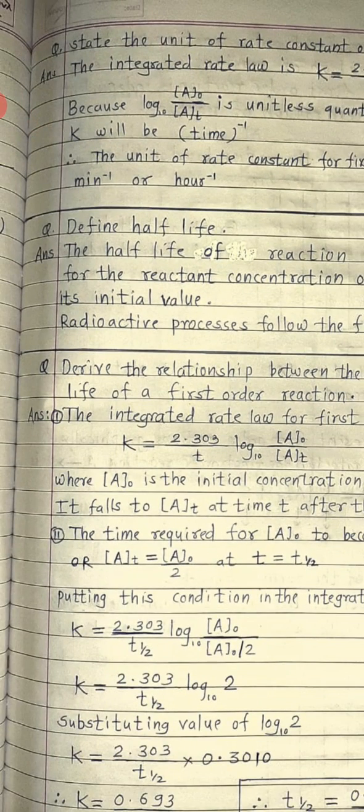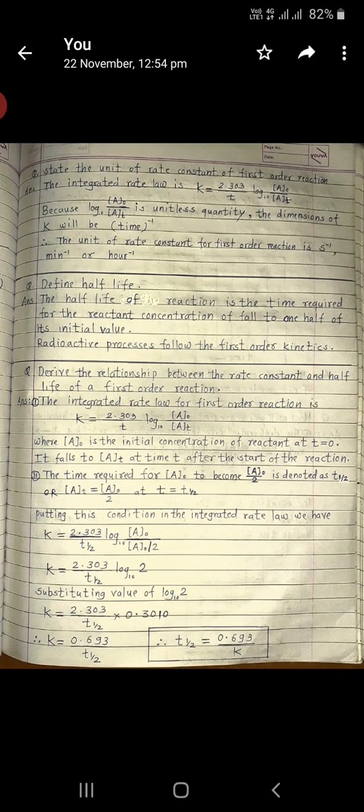The integrated rate law equation is k = (2.303/t) log10 (A0/At), where A0 is the initial concentration of reactant at time t = 0, which falls to At after time t.